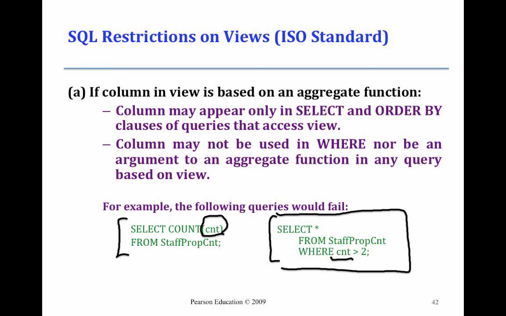And what's interesting about this query is that if I translated it to a query over the underlying relations, it would be invalid. Can someone tell me why, looking at this, if I translated it to a query on the underlying relations, it would be invalid? Remember the restrictions?